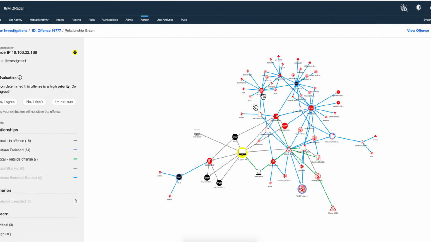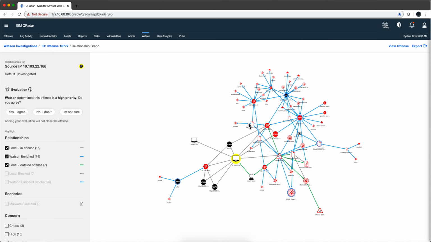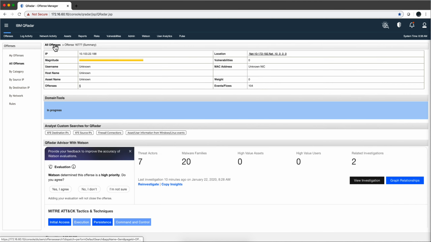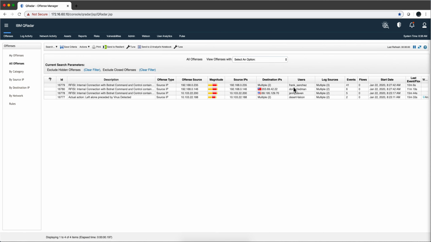Why is it that Advisor is not telling me about it? Remember, if we go back to the offenses, why is it not telling me about Jenny Davin and all these things about this particular offense?